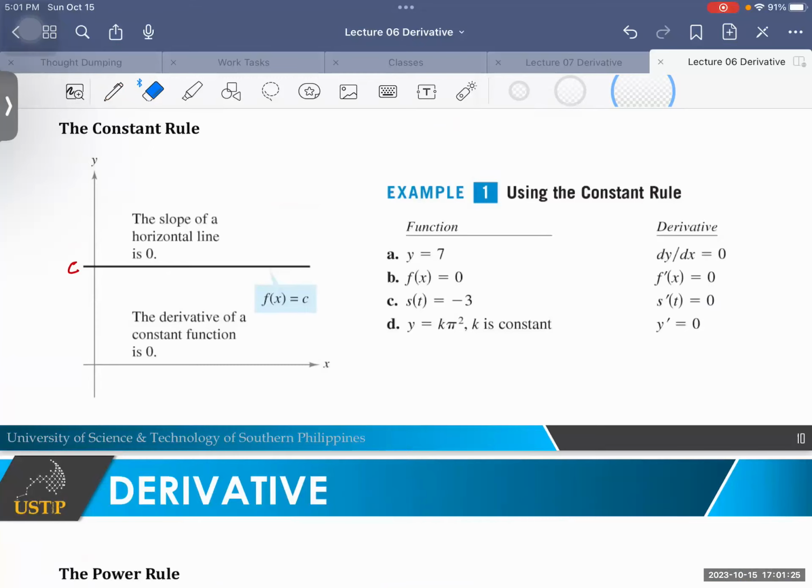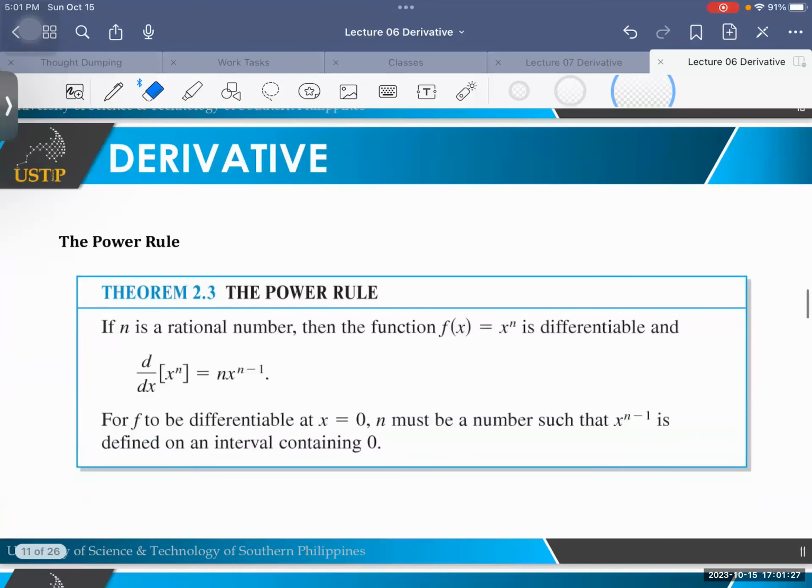Let's move on to the power rule. If this is your first time encountering this, it needs practice so you can master it. But basically, what this rule does is simplify our process in differentiation.